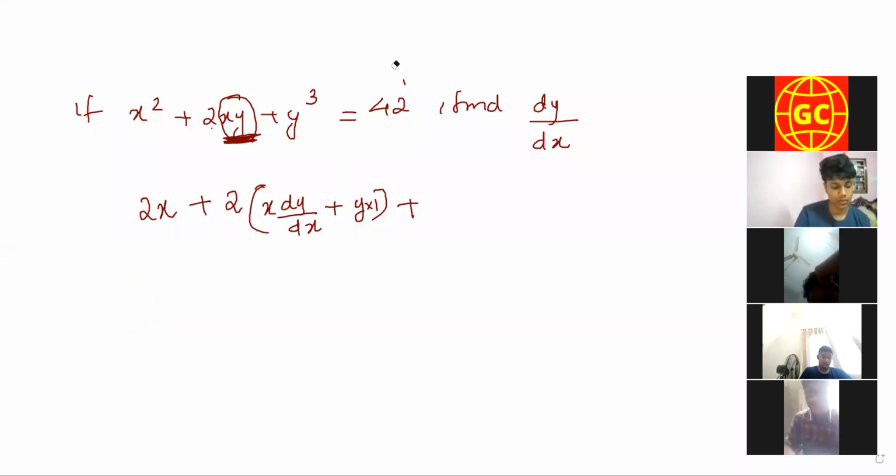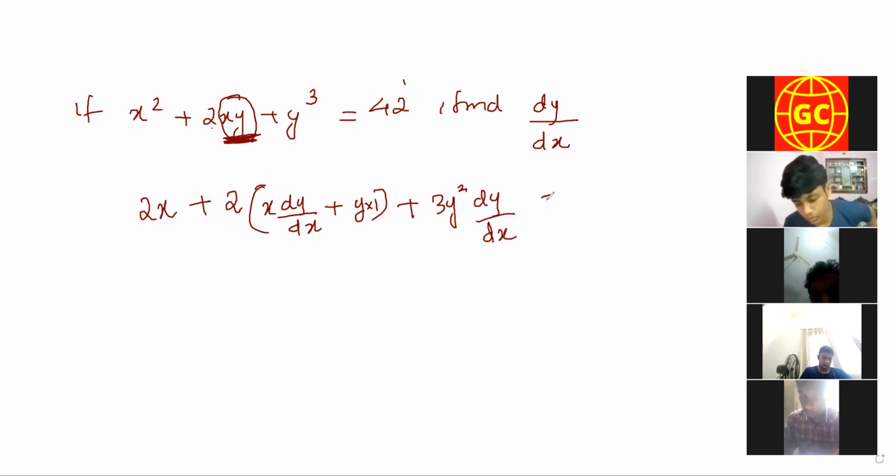Sanjay, can you give me? Sanjay? Yes, teacher. What is the derivative of y cube? 3y square. 3y square only that much? dy by dx. Okay. Whenever we are taking the derivative of y, just put dy by dx. Equal to derivative of 42, that is 0.